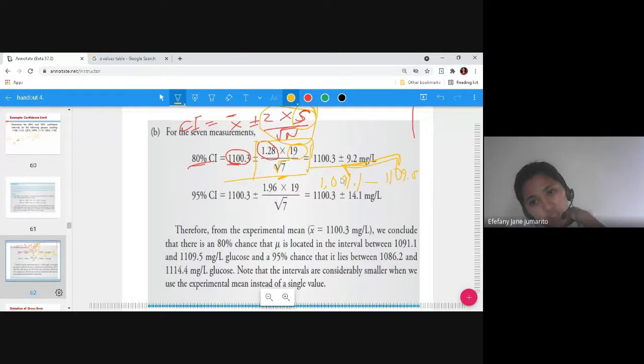So if that is within this 80% confidence limit, okay, that's 80% confidence limit. So makasure ka 80% nga sakto imong answer. Sakto imong result.